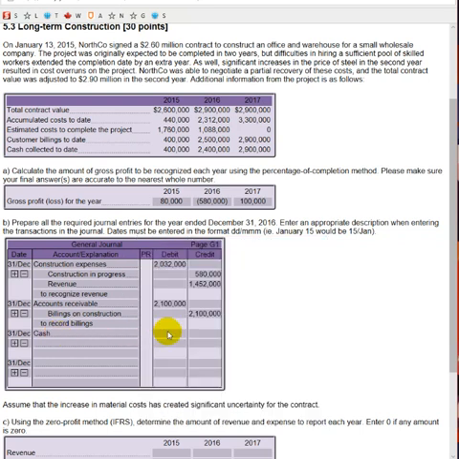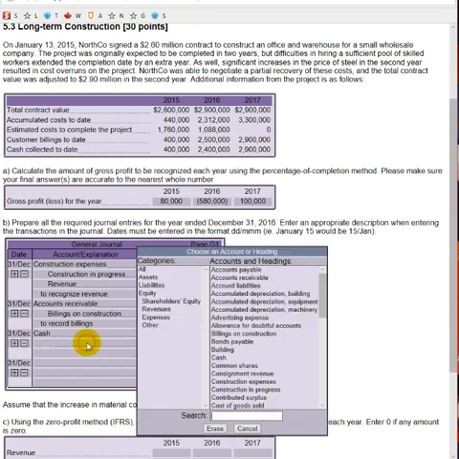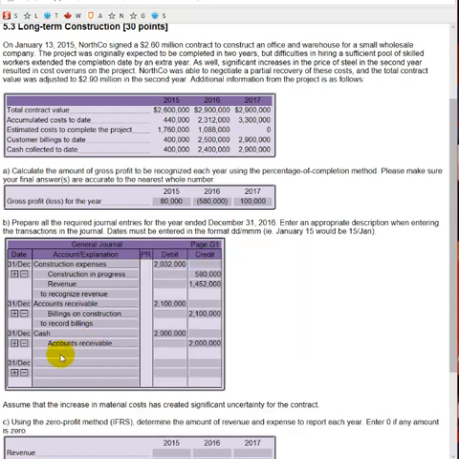The amount of cash we got is 2.4 million minus 400,000 we collected the previous year. So 2.4 million to date minus 400,000. 2 million collected this period, which of course reduces the accounts receivable. And that's to record collection, if you will.